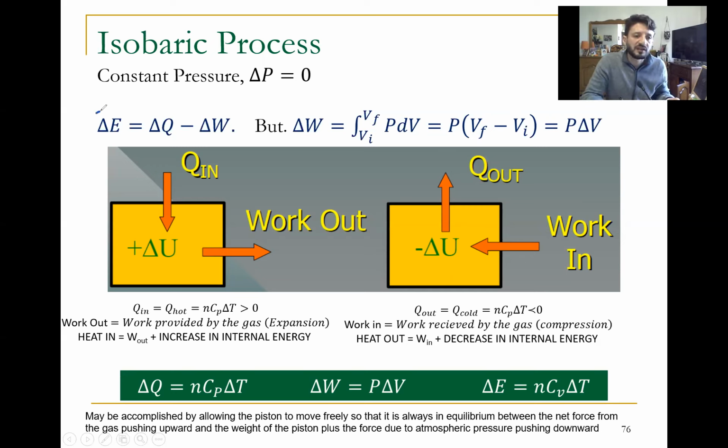We can write delta E equals delta Q minus delta work. You know, if we have P constant, delta Q must be equal to n Cp delta T. And delta E in all cases equals n Cv delta T. And the work is now calculated as P delta V. So, look here.